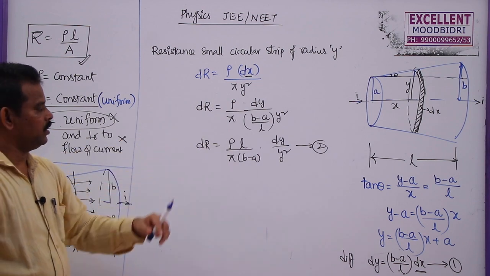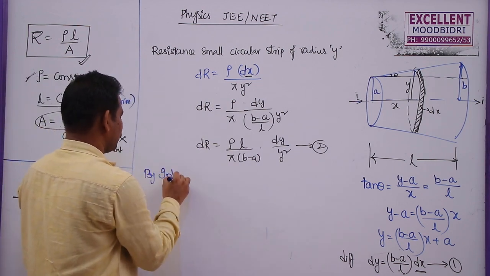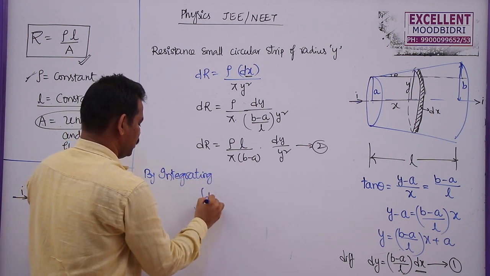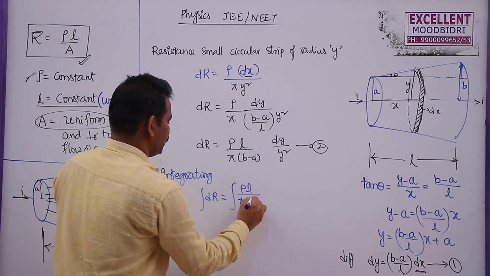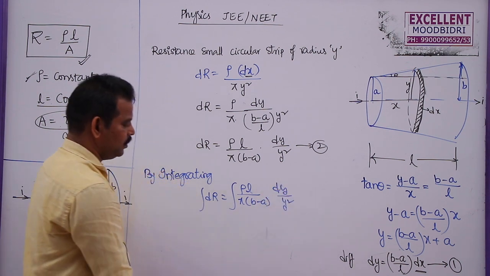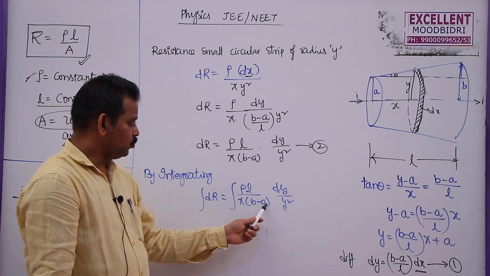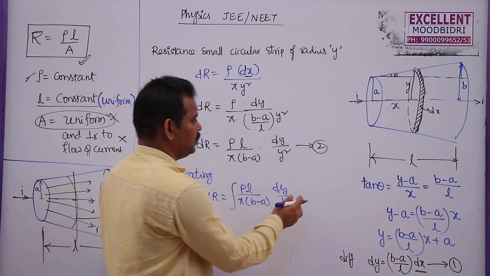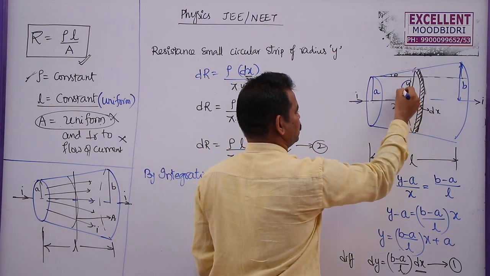To find out the total resistance, integrating on both sides, integral dr is equal to integral rho L by pi into b minus a, dy by y square. But what is the variable here? Rho is constant, L length is constant, pi, and the two radii are constants. The dy is the variable here. And what is the least value of y and what is the maximum value of y?